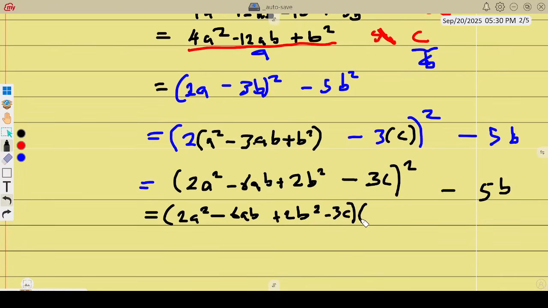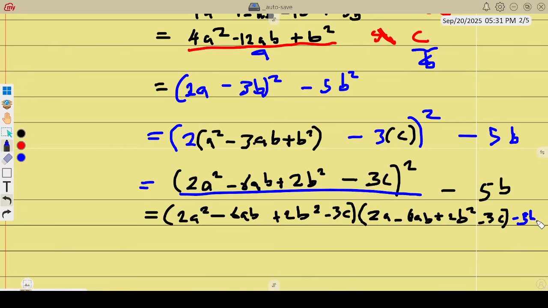So we multiply by itself: 2a squared minus 6ab plus 2b squared minus 3c. Yeah, so we've just multiplied this by itself, that is the power, and then don't forget to have 5b at the far end.